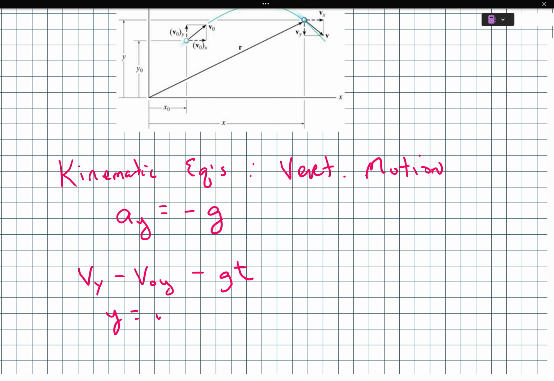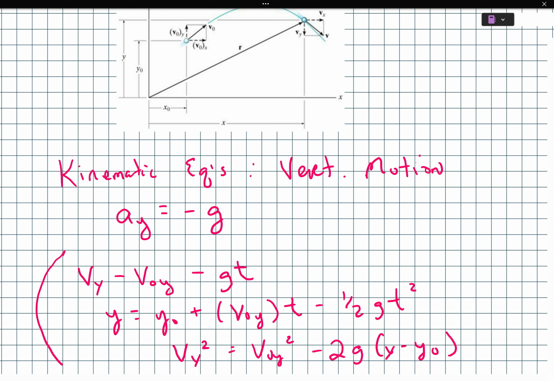We have y is equal to y0 plus v_oy t minus 1/2 g t squared, and then v_y squared equals v_oy squared minus 2g times (y minus y0). For any given problem, only two of these three equations can be used.